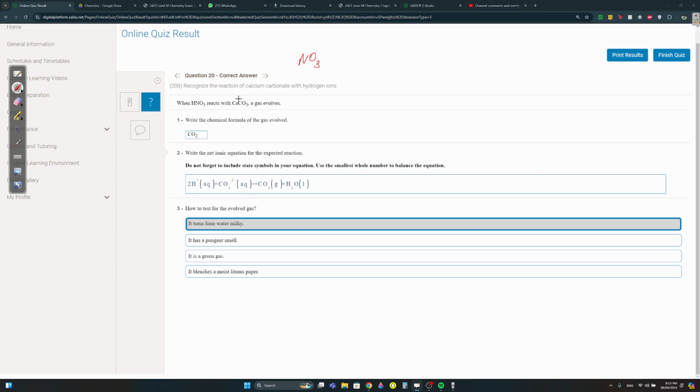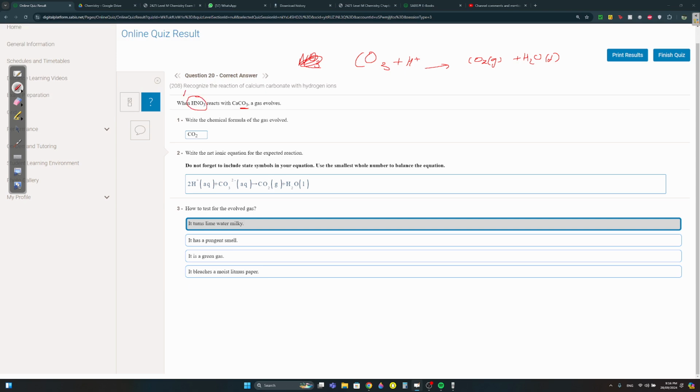So what else could I be testing here? CO3, right? CO3 plus acid, in other words H+, gets you CO2 gas plus H2O liquid, right? In this case, where are you getting the acid from?